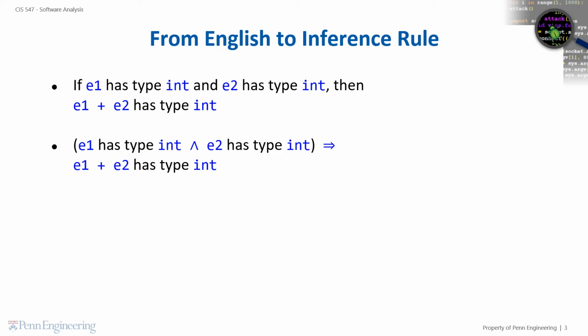Then, we can replace the if x then y construction with x arrow y, where x is the conjoined hypothesis and y is the conclusion, E1 plus E2 has type int. Finally, we can replace the phrase x has type int with the notation x colon int, giving us the following inference rule: E1 has type int and E2 has type int implies E1 plus E2 has type int.